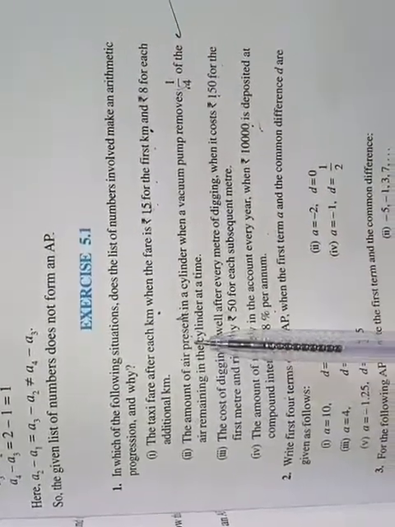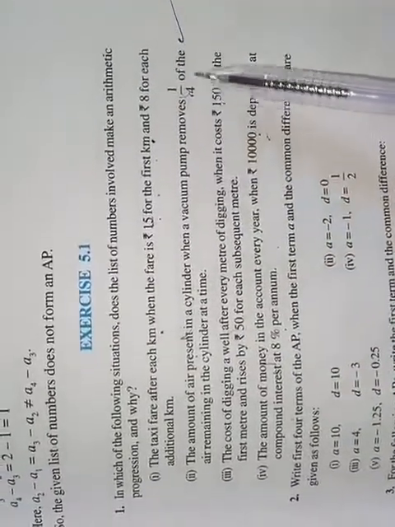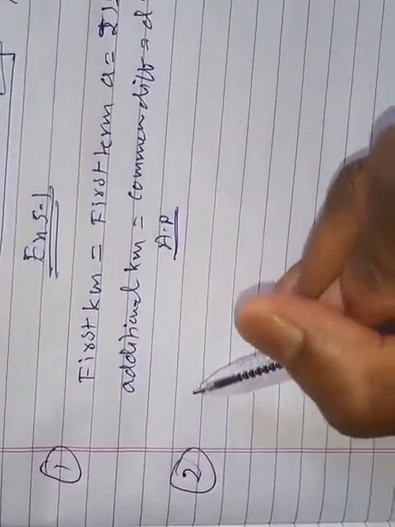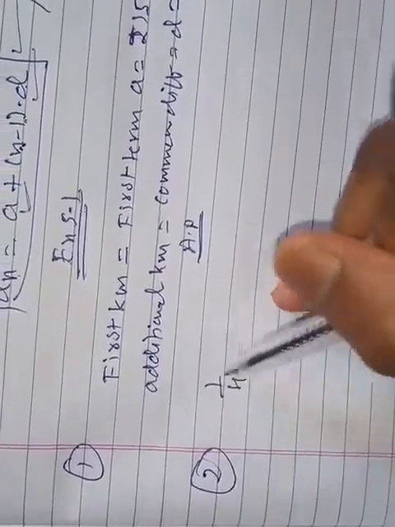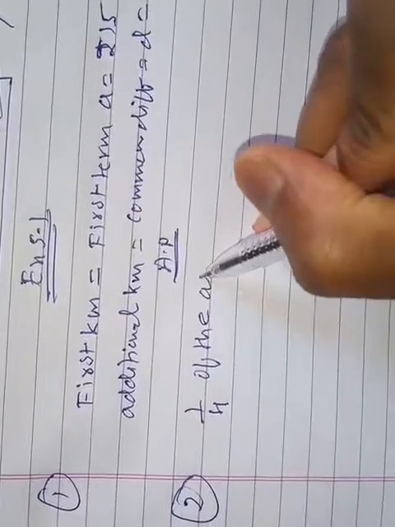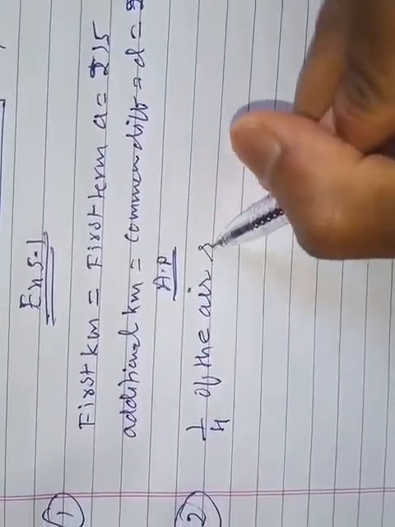The amount of air present in the cylinder when a vacuum pump removes 1/4 of the air remaining in the cylinder at a time. If you look at this problem, 1/4 of the air remaining in the cylinder is given.